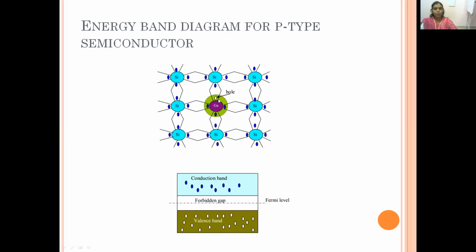The 4th valence electron of silicon cannot make a covalent bond with gallium, because gallium has only 3 valence electrons. The silicon cannot make a covalent bond with this 4th electron because it is short of 1 electron.